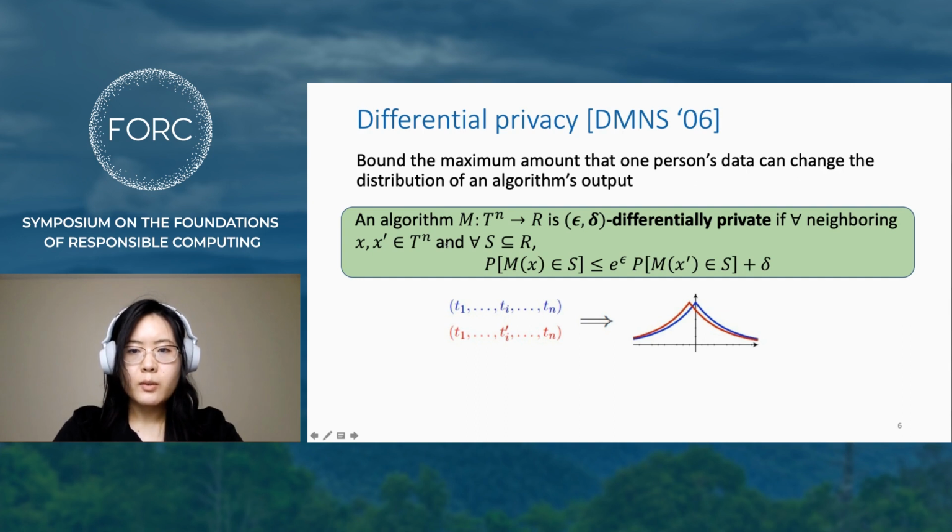The approximation is quantified by this e to the epsilon term, and this delta is an additive term, and we would like it to be cryptographically small. Differential privacy is not a binary notion of privacy. You can get stronger or weaker privacy by varying this privacy parameter epsilon. A small epsilon provides a stronger privacy guarantee.